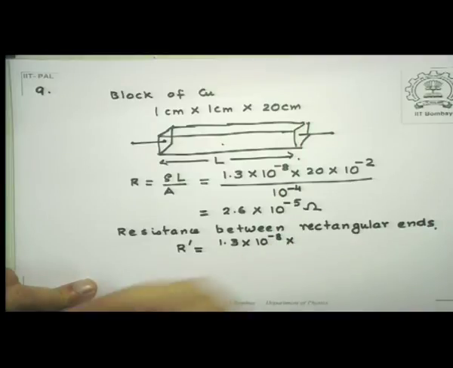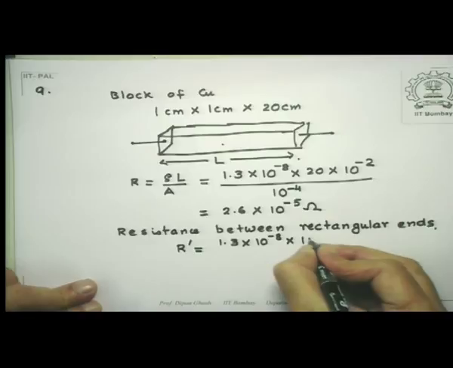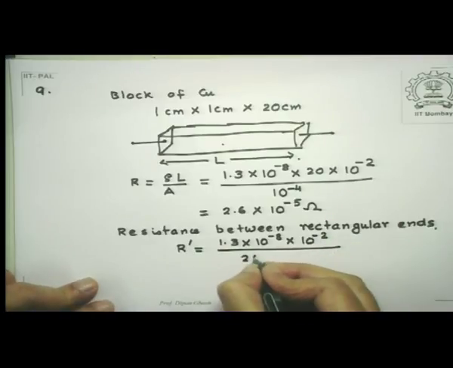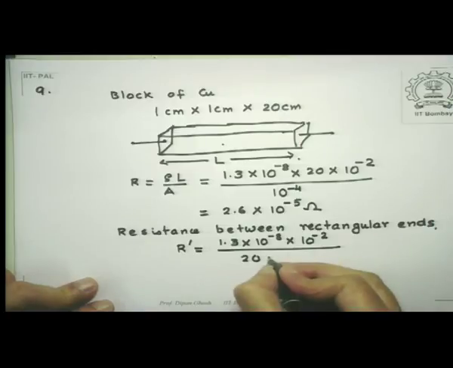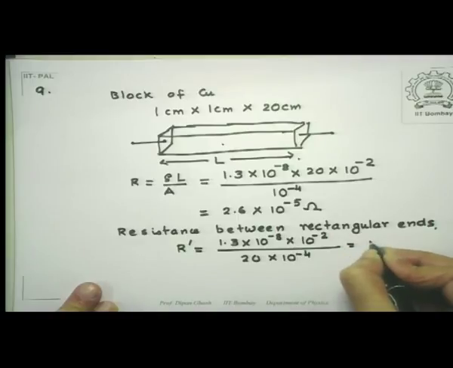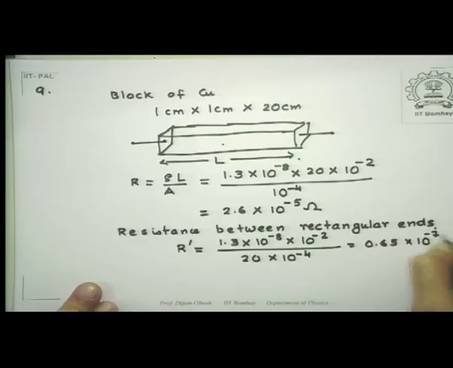The length this time is just 1 centimeter, so that is 10 to the power minus 2, and the area is 20 centimeter by 1 centimeter. So, it is 20 into 10 to the power minus 4, and if you calculate this, this is 0.65 into 10 to the power minus 7 ohms.